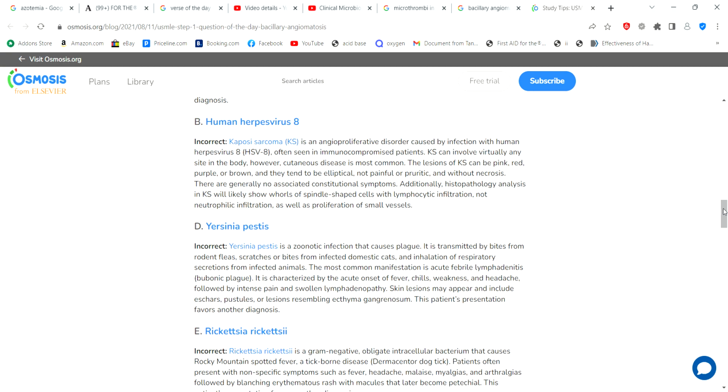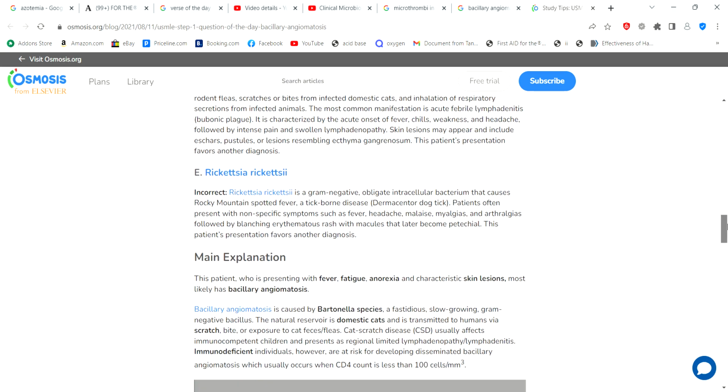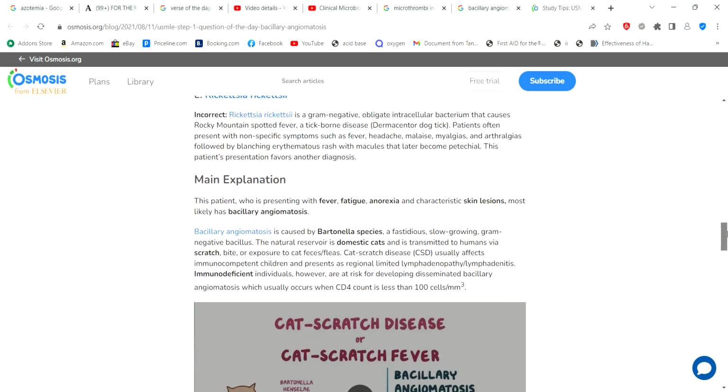But I don't think they bleed, and I also don't think Kaposi sarcoma would have neutrophils in it. That's why I decided: the patient presenting with fever, fatigue, anorexia, and characteristic skin lesions most likely has bacillary angiomatosis.